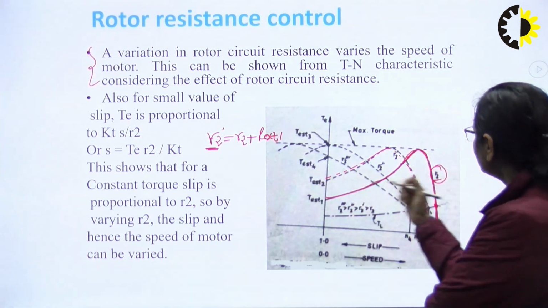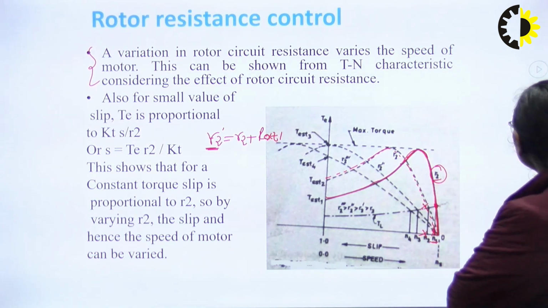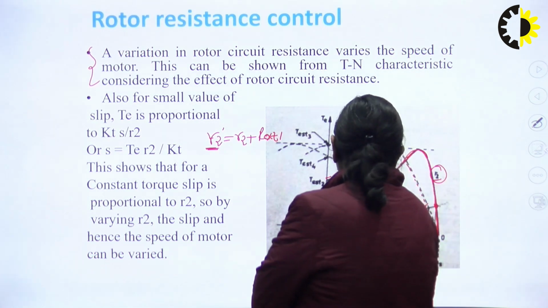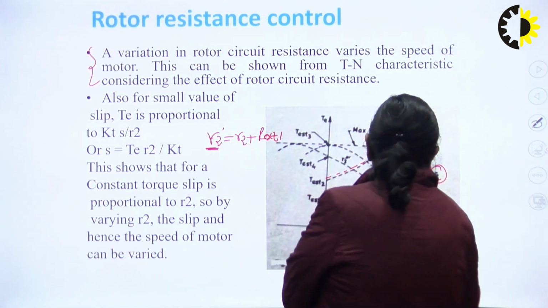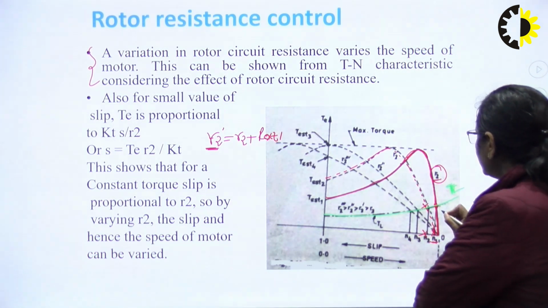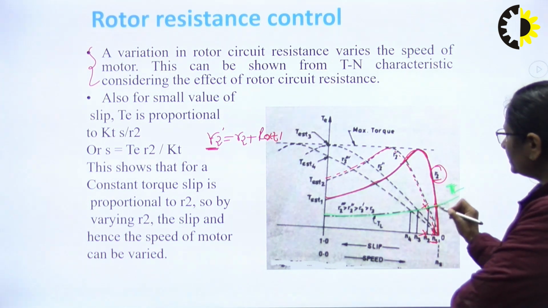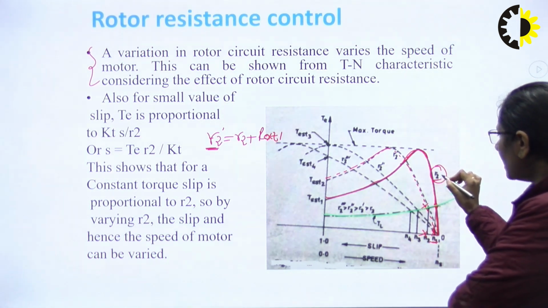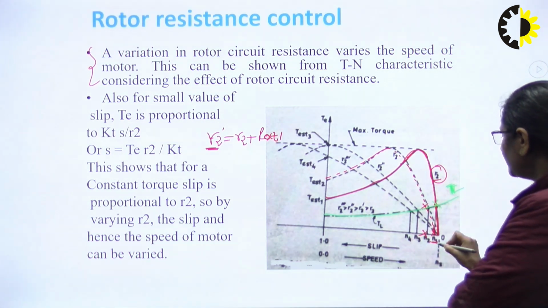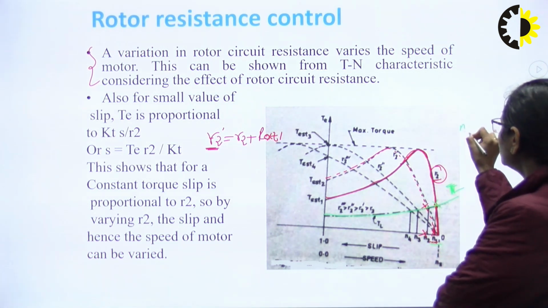So, here in this particular case, this is considered to be the load characteristic. The intersection of the motor speed torque characteristic and the load speed torque characteristic gives us the operating point. With rotor winding resistance R2 alone in the rotor circuit, this was the operating point and the corresponding operating speed was N1.